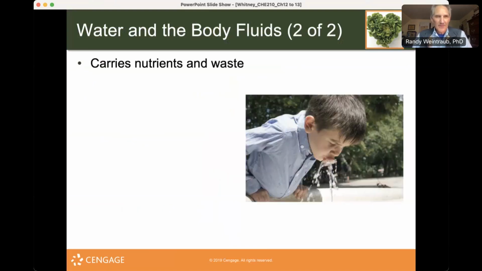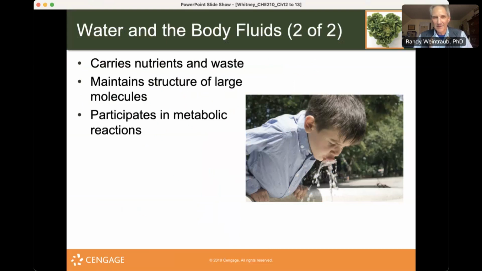So why is water very important to our bodily fluids? Well, they carry nutrients and waste through the body. They maintain the structure of large molecules, like all the various protein molecules, such as muscle and antibodies and cell membranes, anything you might think of.